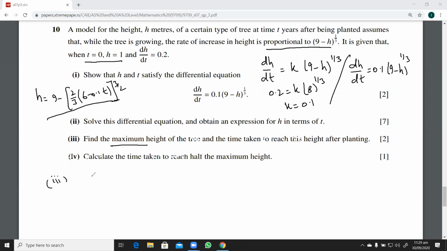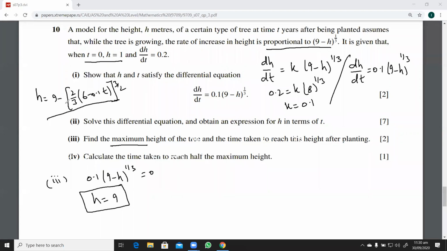So that is 0.1 into (9 minus h) raised to power 1 over 3. When you put that equal to 0, the height is going to be equal to 9. That is the maximum height the tree can acquire. And then it asks for the time taken to reach this height after planting.